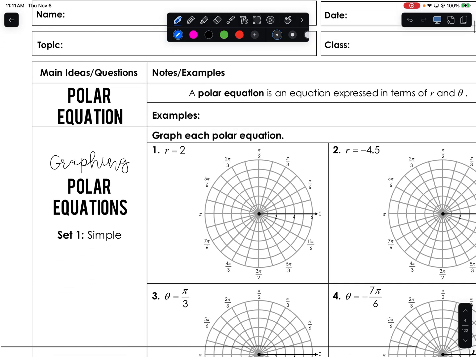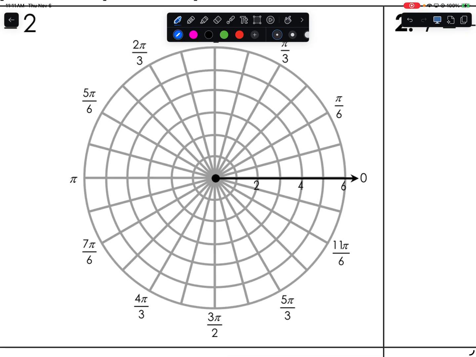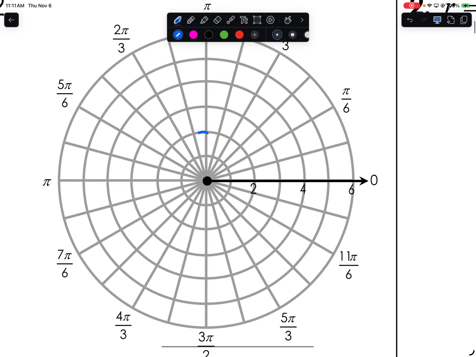Okay, now we go to this. It says radius equals 2. All you have to do with this problem is find 2 and make a circle. Oh, that's a wiggly circle.